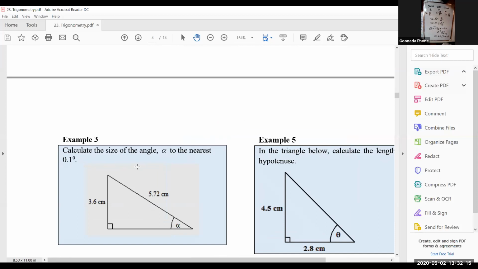Can anybody tell me which ratio we are using here? Sine again. Yeah, why? Because you're given the hypotenuse and the opposite. Correct. You are given the hypotenuse and the opposite, and you are asked to find the angle.